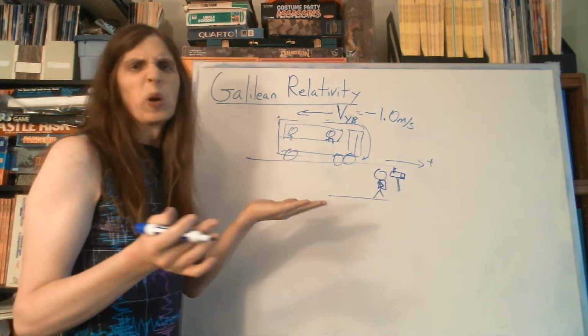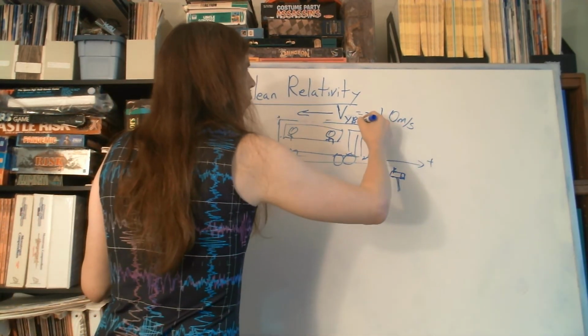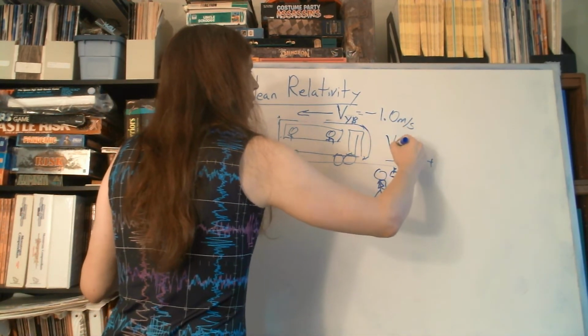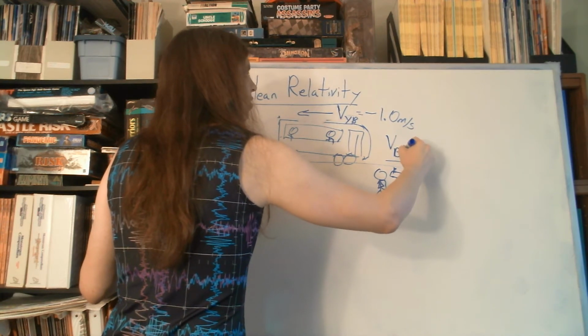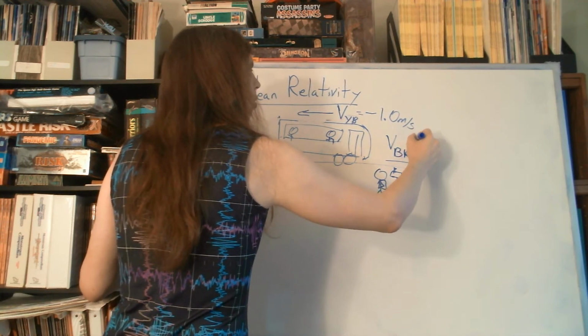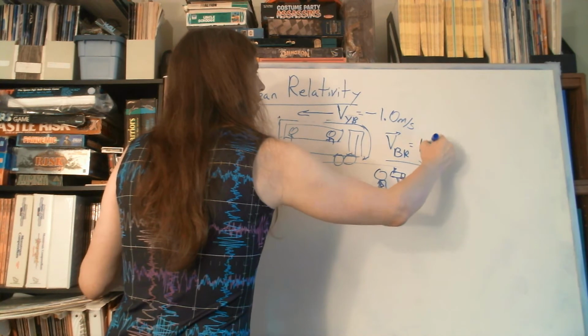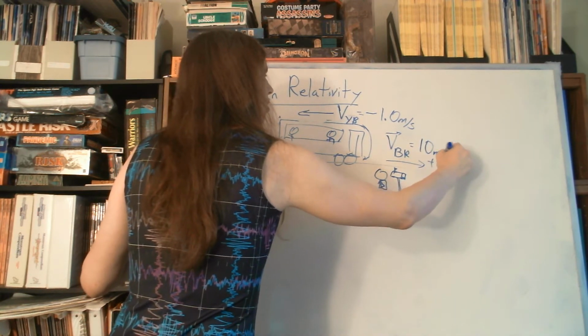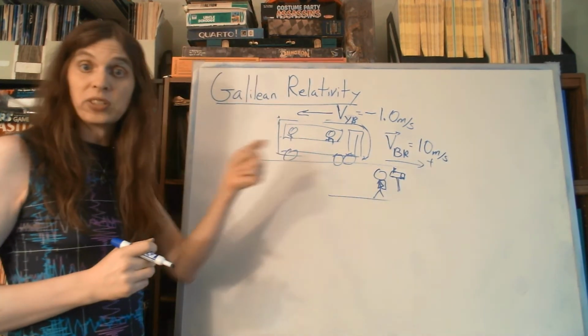This is some residential area, so the bus isn't moving super fast, but let's say that the motion of the bus relative to the road is 10 meters per second in the positive direction.